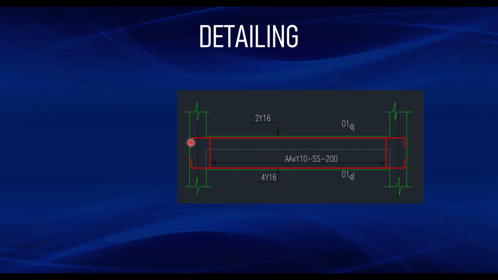We don't need to provide any compression reinforcement, but due to the nominal reinforcement that we have to provide at the top, that's why we provided 2Y16 at the top. So the cross-sectional area of the beam is going to be like this. We have 4 number of 16 mm at the bottom and 2 number of 16 mm at the top.